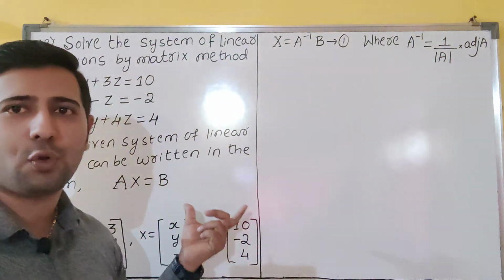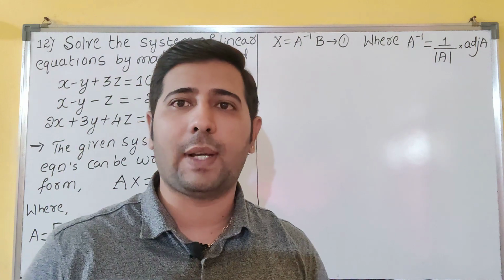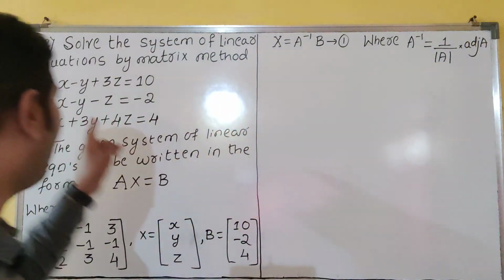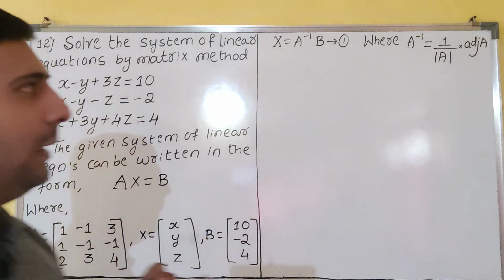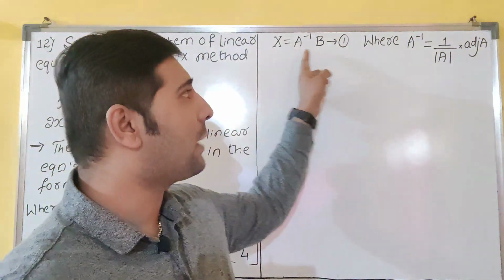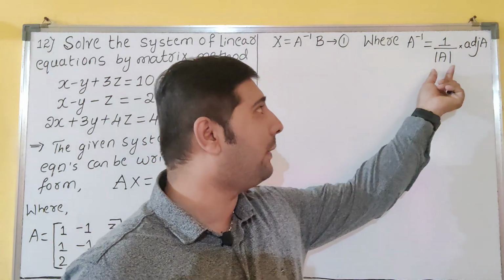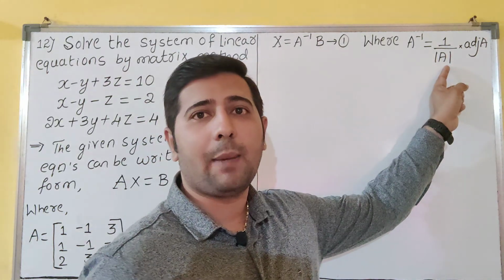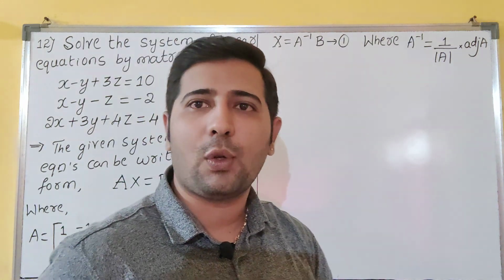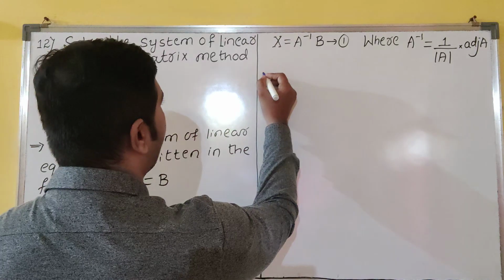In this question, a system of linear equations is there, no? We have to find the x, y, z values, dear students. These unknowns are there that we have to find here. For that, to find the x value I have to first find A inverse only. Then, for finding A inverse, what is the formula? Determinant A is equal to 0 or not equal to 0, we have to check. So let us find determinant A, dear students.